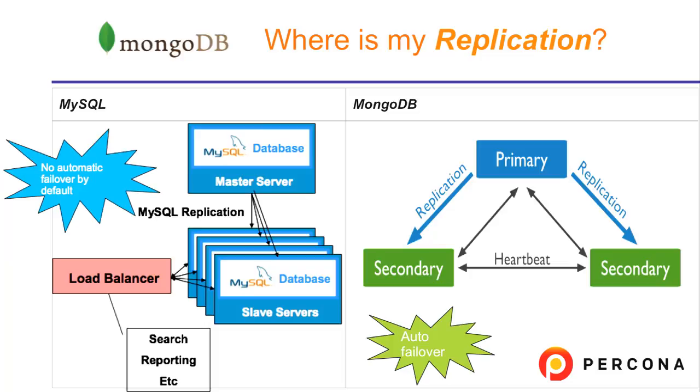You do RS step down, and then you switch over. Or if the primary goes down, there will be an election. And when the election is happening, another node will be elected to be a primary. Now, David Murphy will be doing another presentation where he will explain the replication and sharding in much more detail.